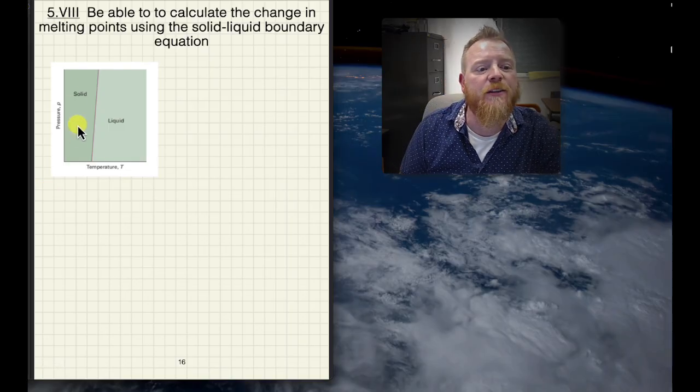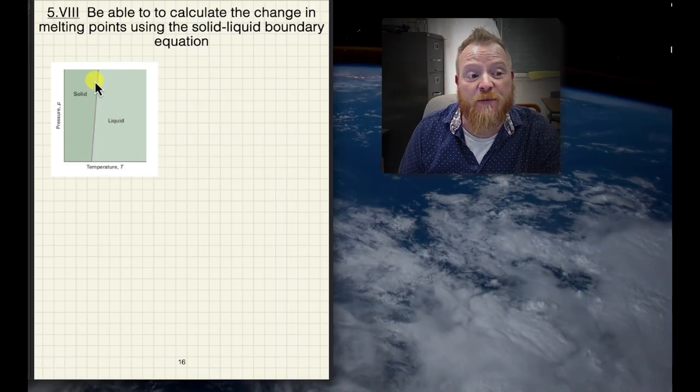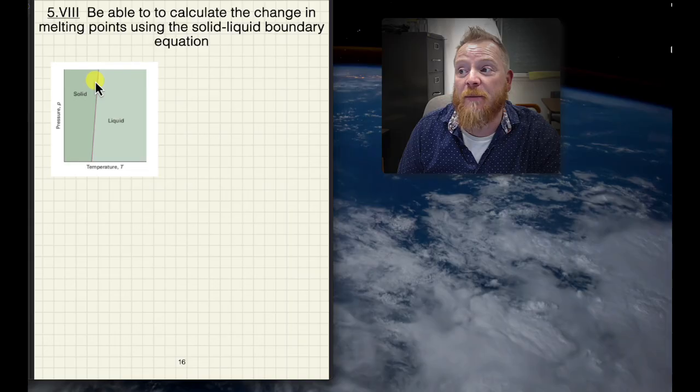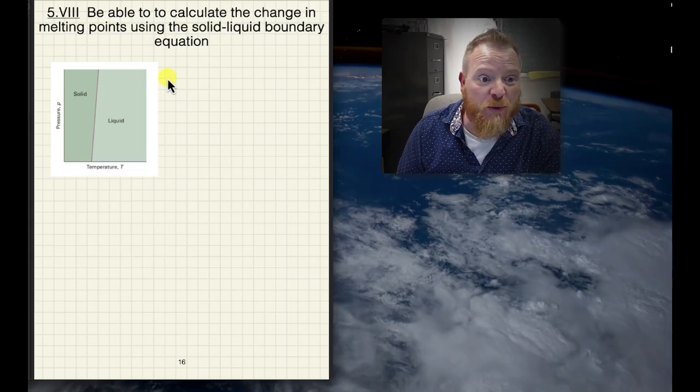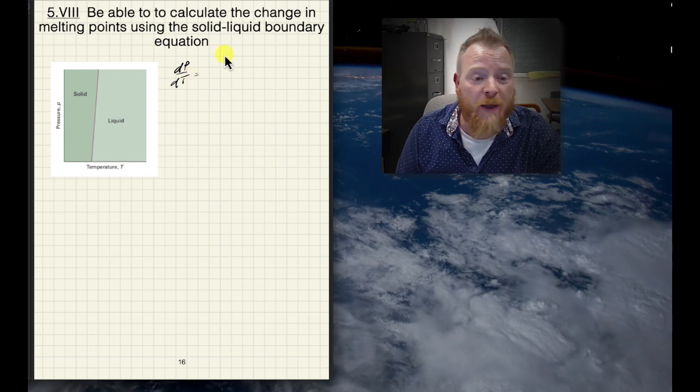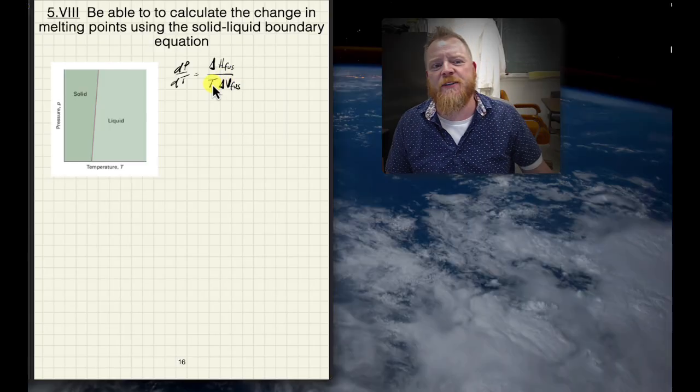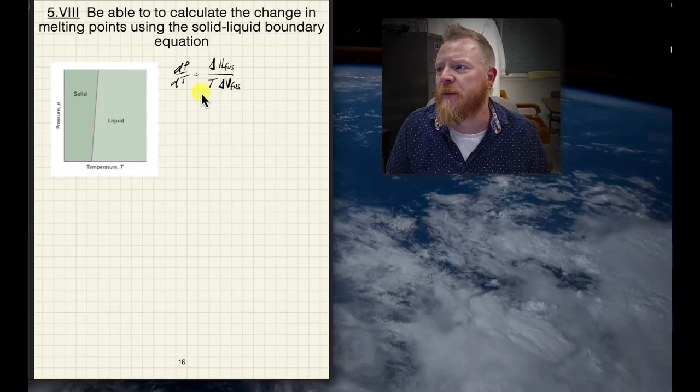So typically the solid and liquid boundary has a very steep and positive slope. That's due to the following. We remember that dP/dT describes a phase boundary, and the Clapeyron equation specifically for fusion is delta H fusion over T fusion delta V fusion. I'm just going to leave the T there to make it a little bit easier to write.